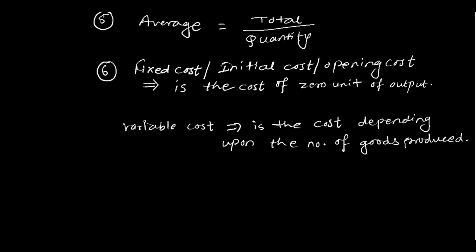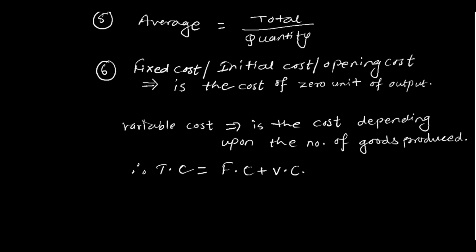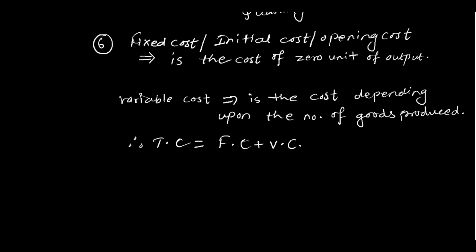This is variable cost. So you have to know that total cost is the sum of fixed cost and variable cost. We know that for each additional unit of production there needs extra material cost and labor cost. So if the number of units increases, the variable cost increases. So the variable cost always depends on the quantity produced.